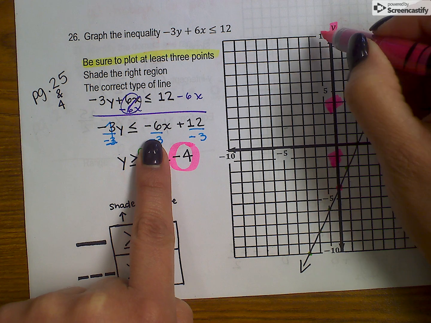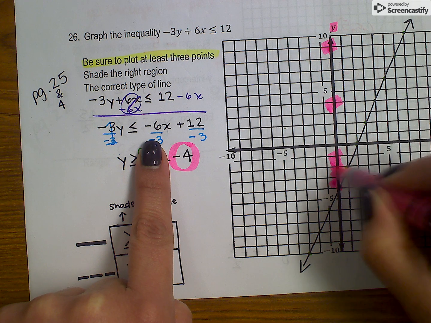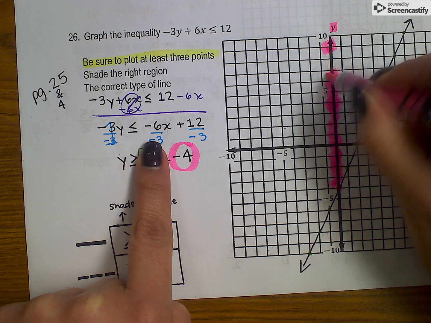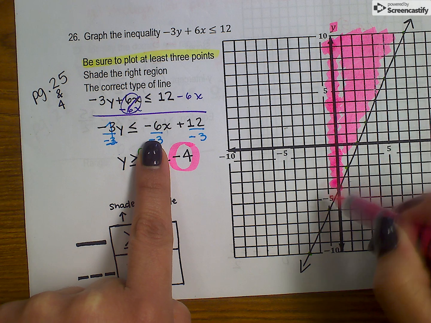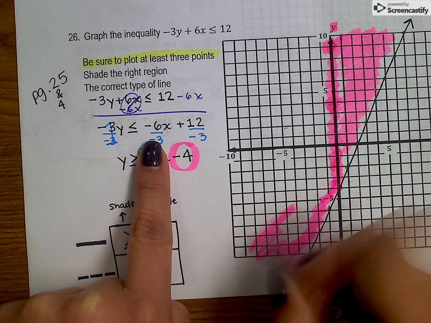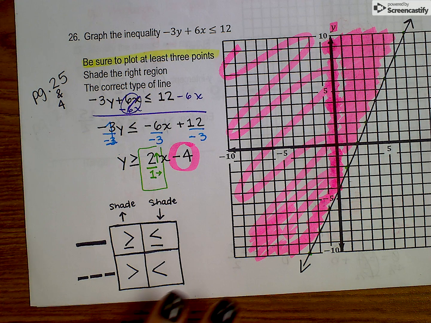Or how about 9? So you'll notice we're kind of coloring all of this area on top of the line. So there we go. It's all colored up.